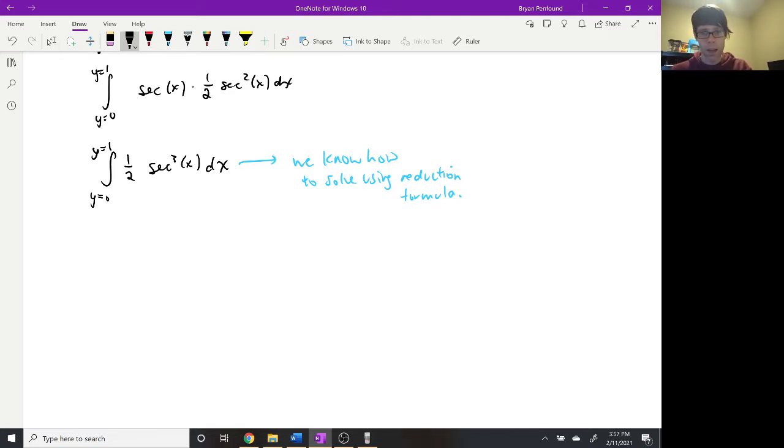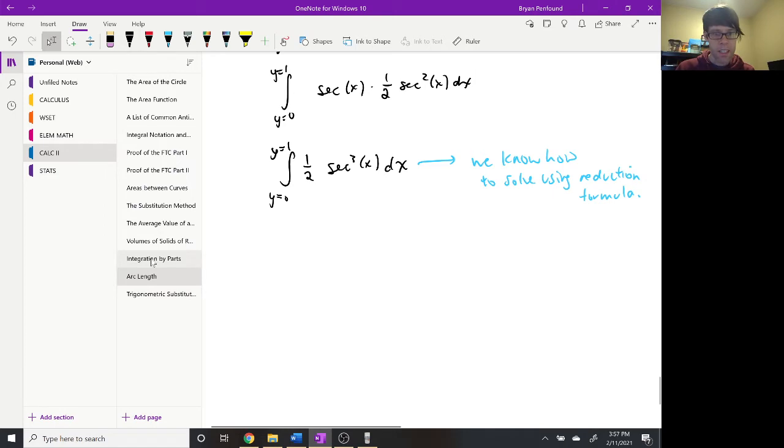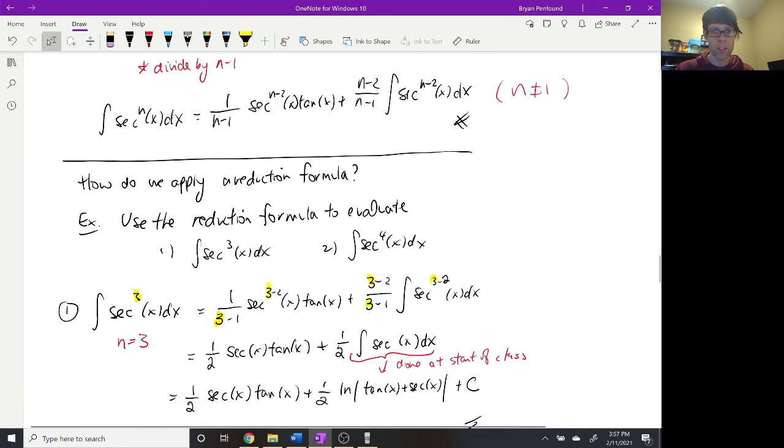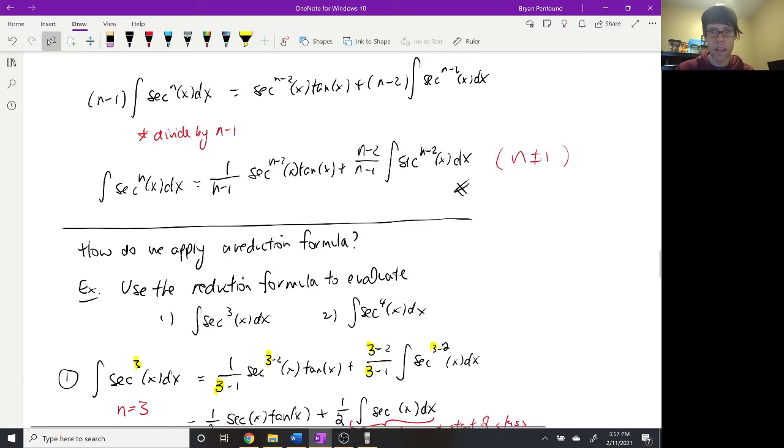Now, we ended this lesson on Wednesday by saying that we had already done an integral very similar to this. We can apply the reduction formula for secant as well, if you don't want to dial back into your notes. In the integration by parts section, we developed the secant reduction formula.